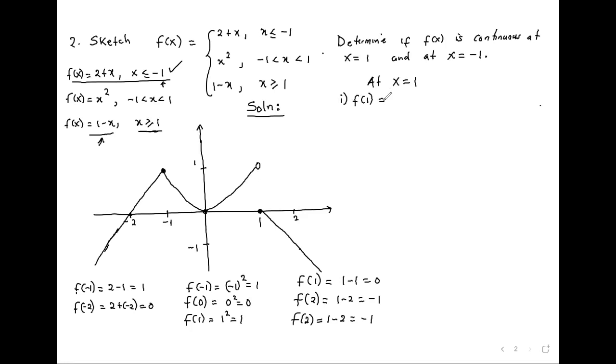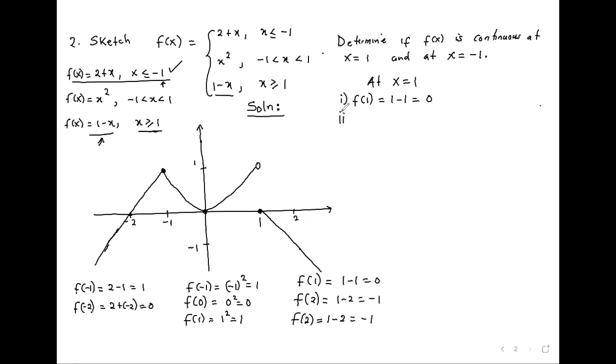We go where 1 is included, the greater or equal to 1, which is this last piece here. So we have 1 minus 1 giving us 0. So the value of f of 1 is 0, and 0 is defined. So since f of 1 is defined, we move on.